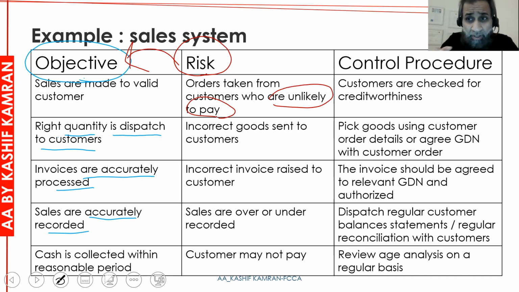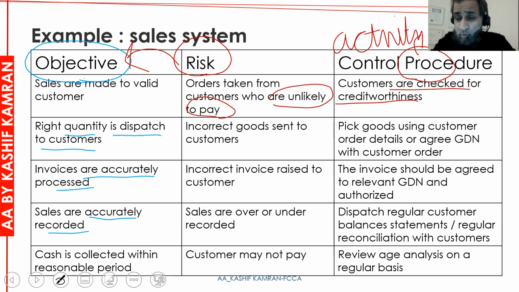I should have a right procedure in place. Procedure is an activity, right? Control activity. Look at the activity: customers are checked for creditworthiness prior to accepting them. In almost every company, we have a creditworthiness check. You check the customer for creditworthiness prior to accepting a customer.